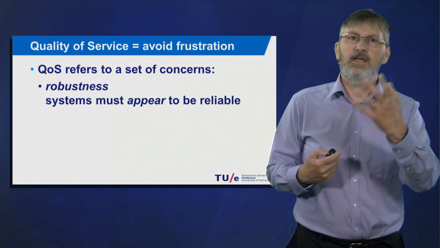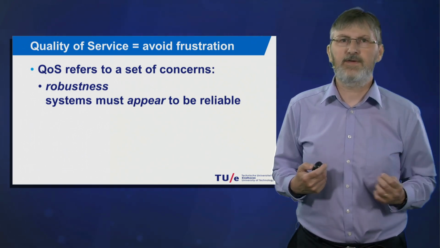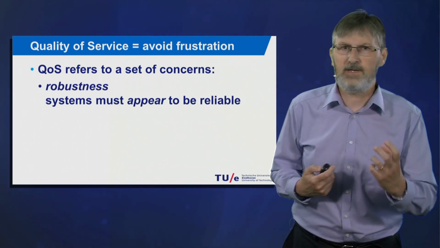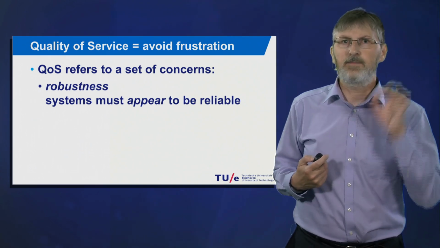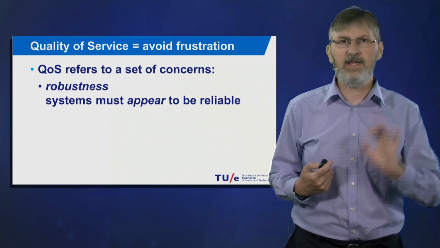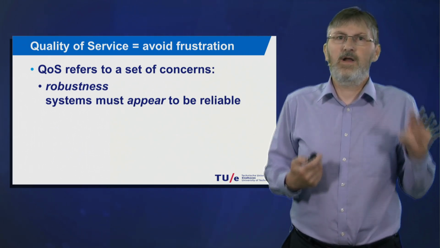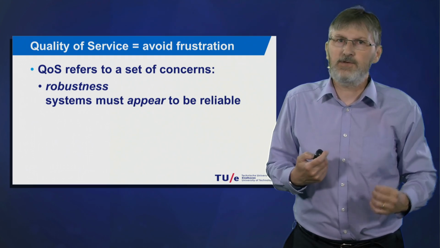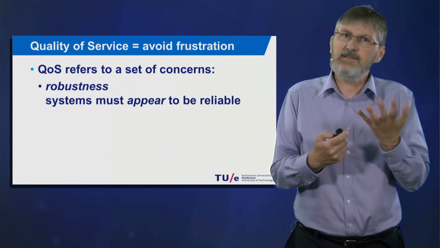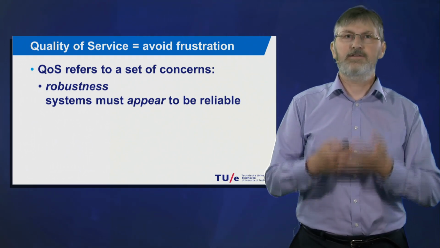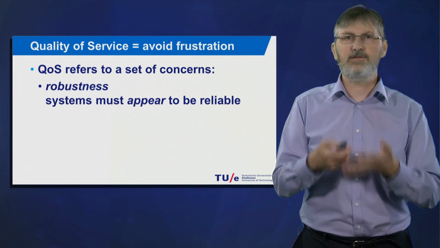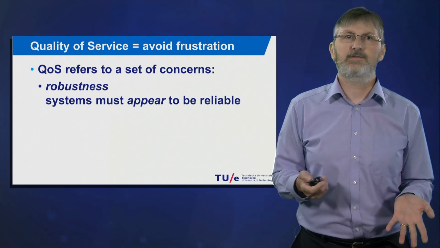But if we look, for instance, at the Windows interface or the Macintosh Finder, these programs do sometimes crash. But they restart so quickly that many users do not notice the crash. Well, for the quality of service design principle, this is already enough. A system is robust if the user doesn't notice that it isn't robust.